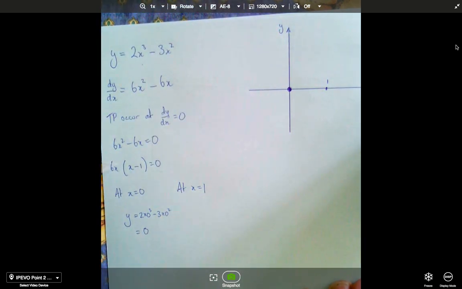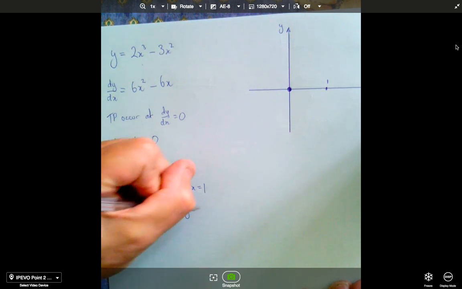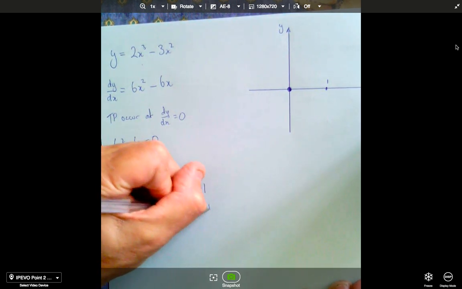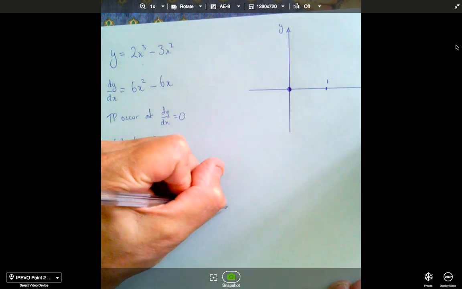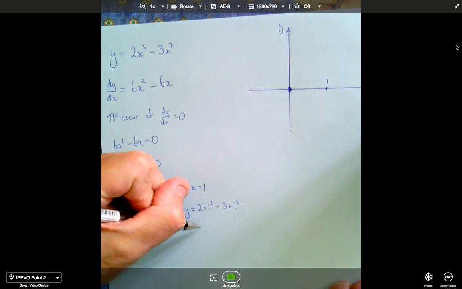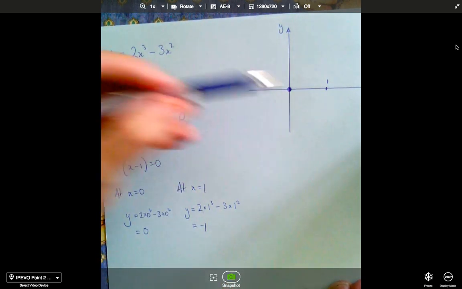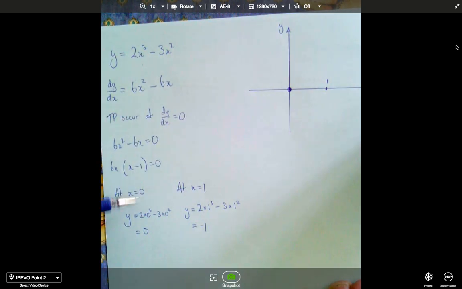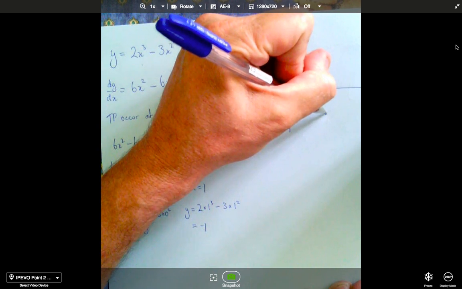At x equals 1, what does y equal? y equals 2 times 1 cubed minus 3 times 1 squared. So 2 times 1 cubed is just 2, minus 3 times 1 squared, which is 3. So 2 minus 3 is minus 1. So at x equals 0, (0, 0), something weird happens. And at x equals 1, y is minus 1.